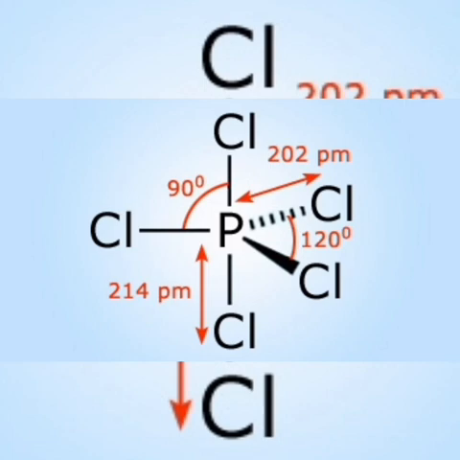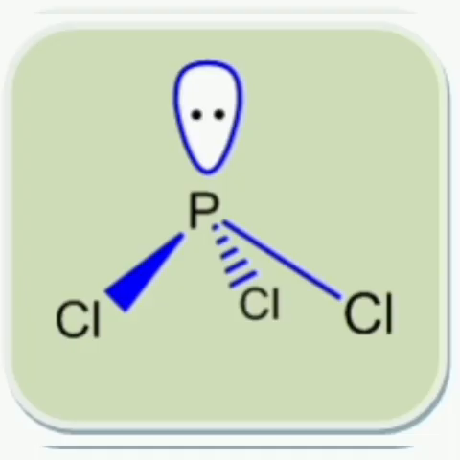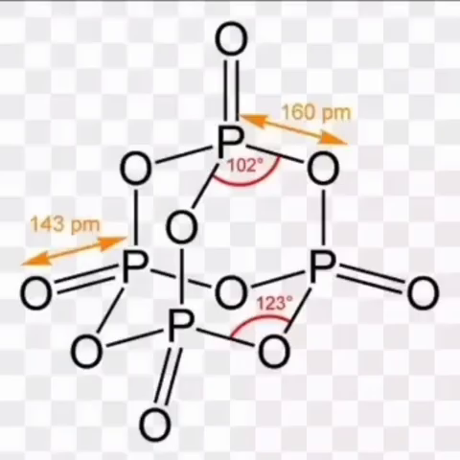One more topic we have to discuss: structure of oxides and oxo acids of phosphorus, that is P2O3, otherwise P4O6, and also P4O10, the phosphorus pentoxide structure. We will discuss them one by one.